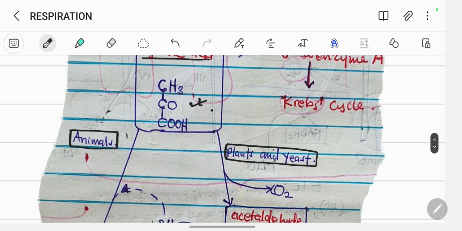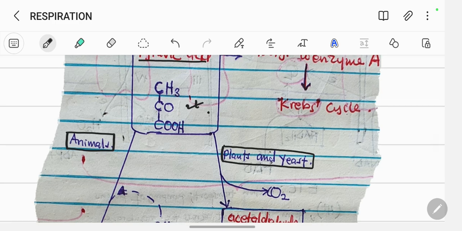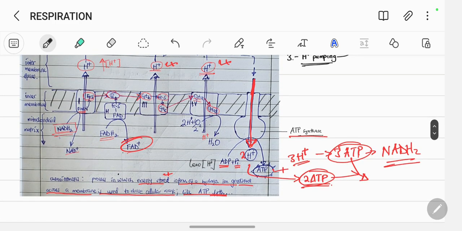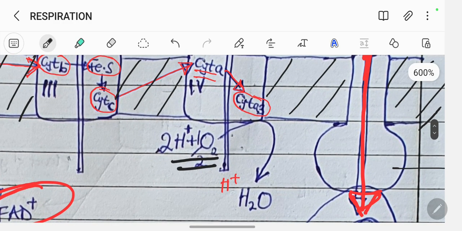So, because of absence of oxygen, let me take you back to our electron transport system. Because of absence of oxygen, who is going to be available to take the electrons? There is no electron carrier if oxygen is absent.